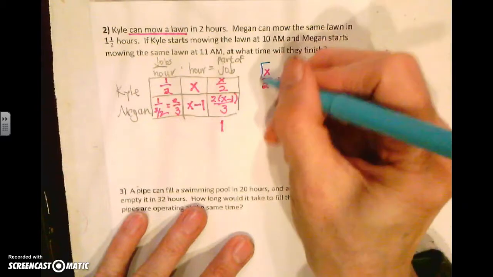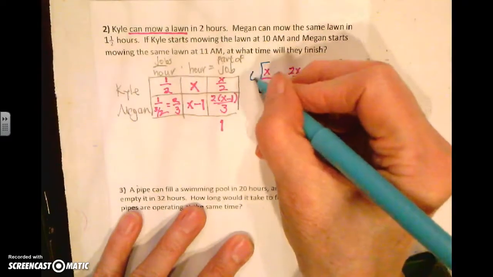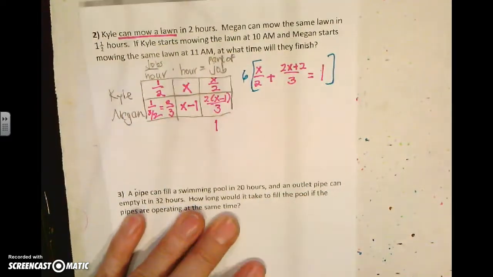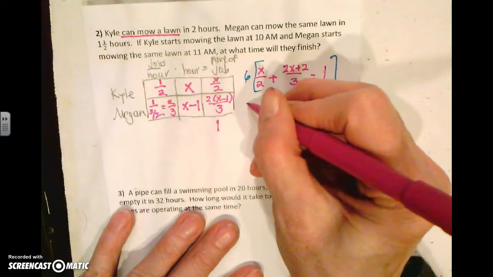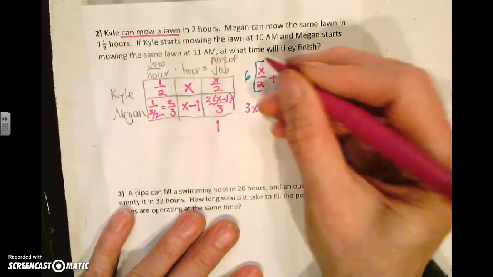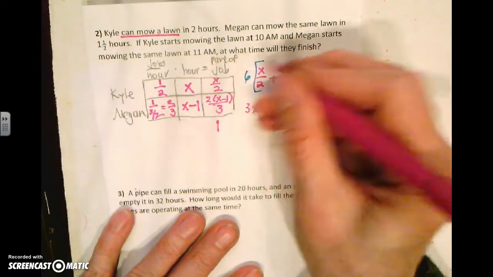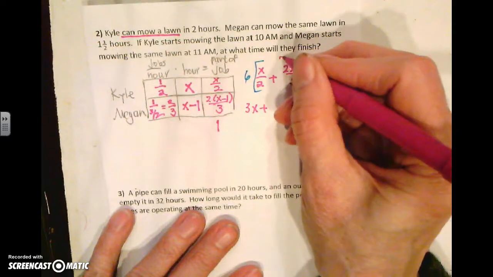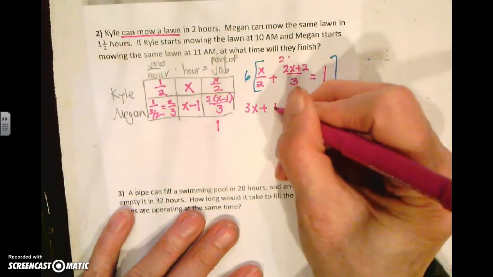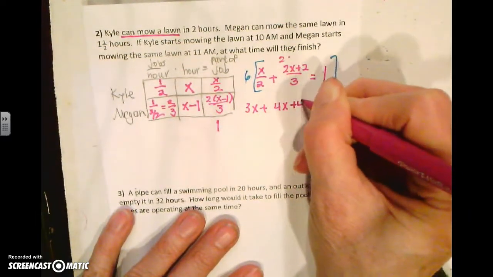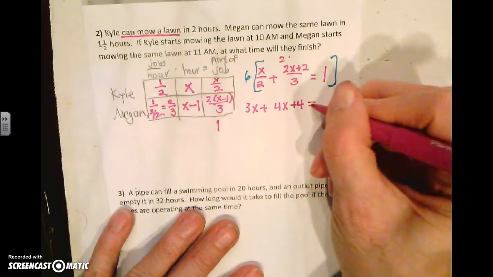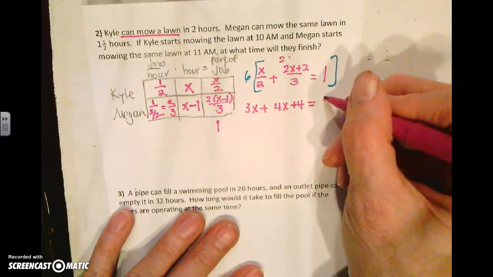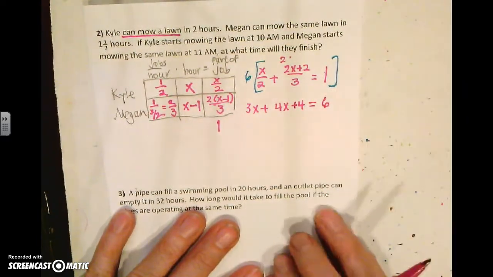So we'll need to solve it, multiply through by 6, and we'll get 3X plus, I'm going to cancel and get a 2, so I'm going to get 2 times this, so that's going to be 4X plus 4. I needed to distribute, is equal to, and then 6 times 1 is 6.